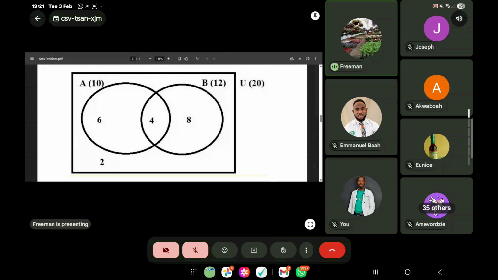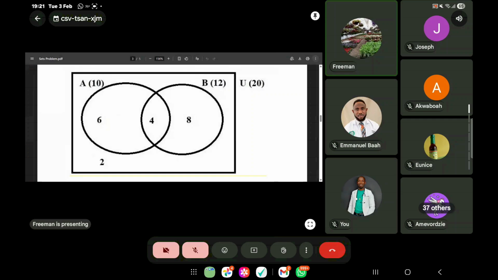The second subset is B, that has 12 elements. So everything within the big rectangle, when you add all, we are getting a 20.